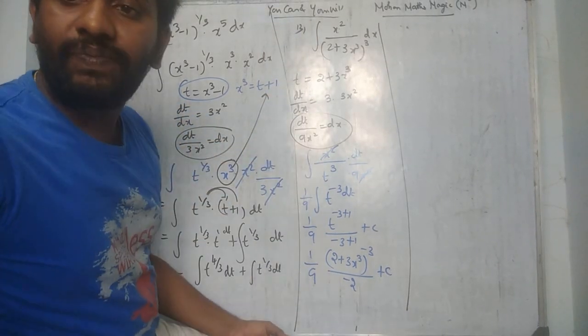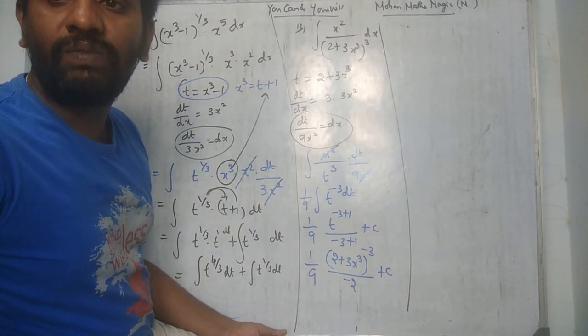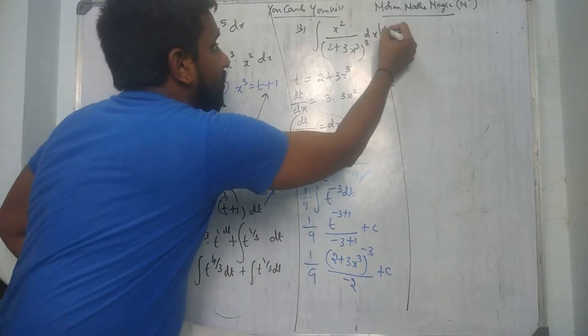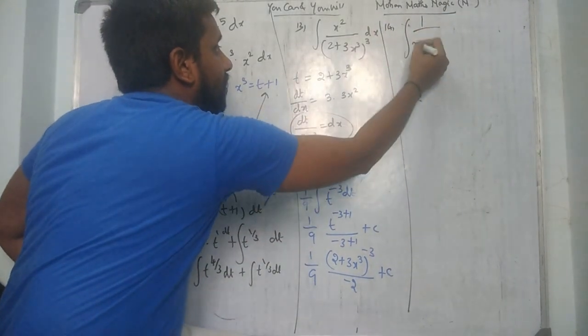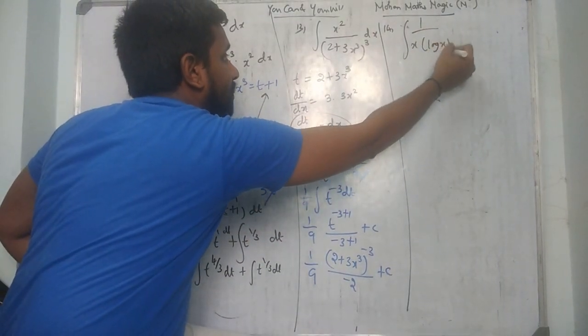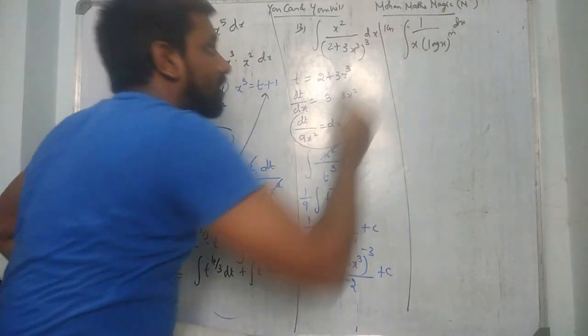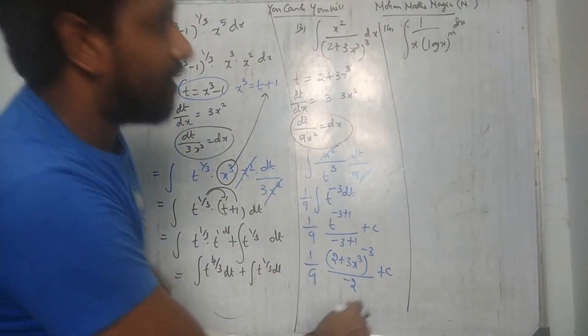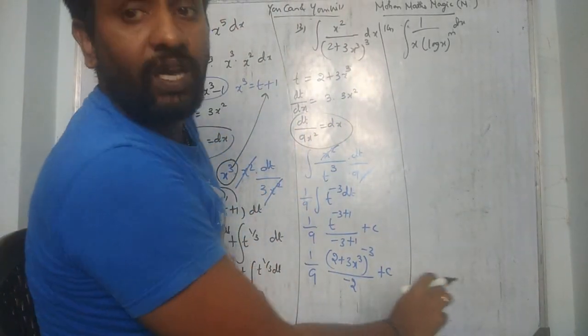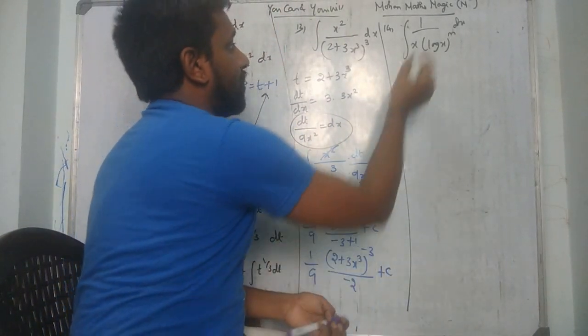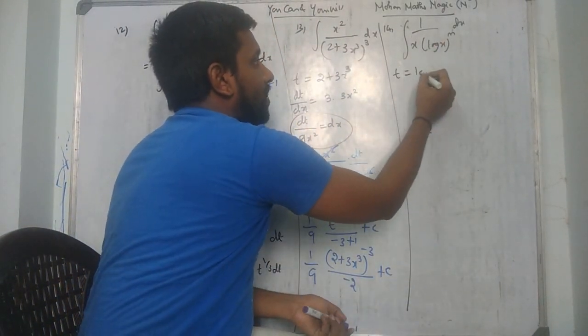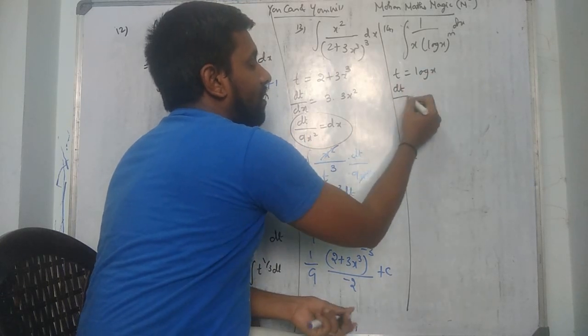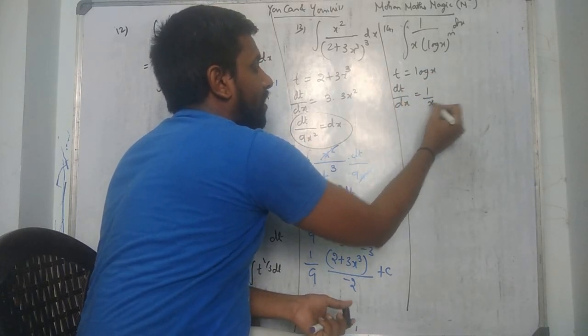14th sum. 1 upon x times log x power m dx, x m correct. So bracket x log x log x. Yes, very good. So bracket t equal to log x, then dt upon dx equal to 1 upon x.